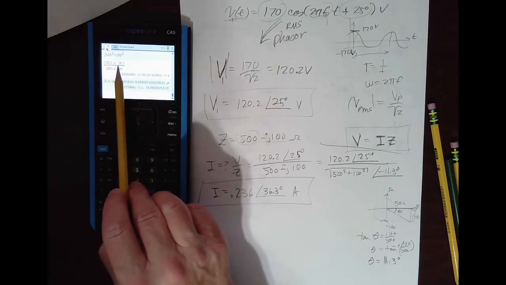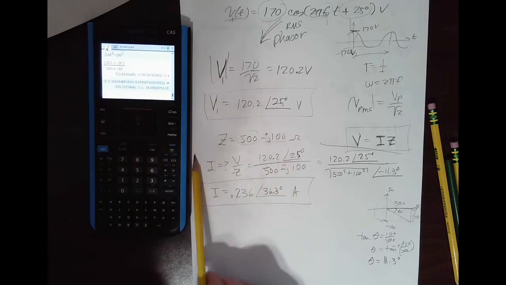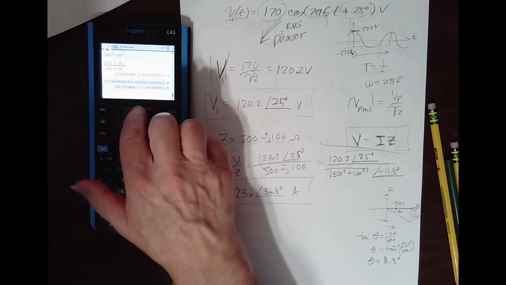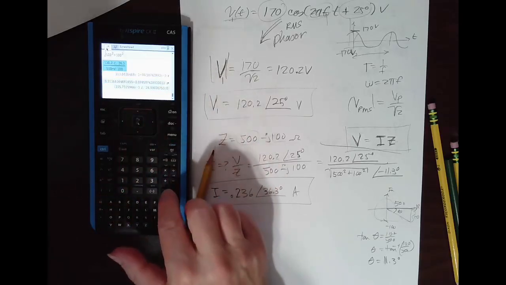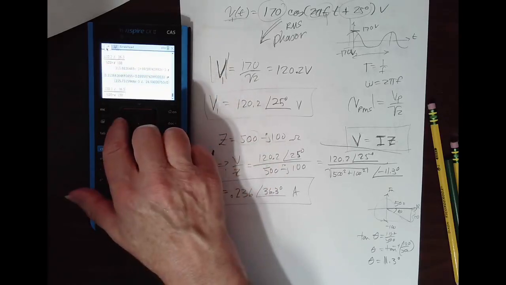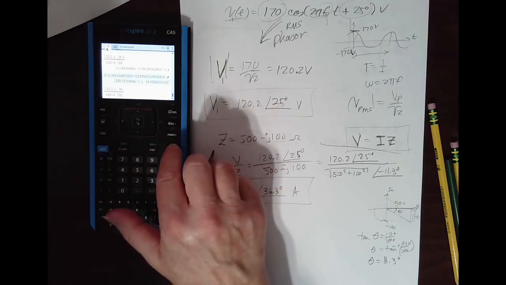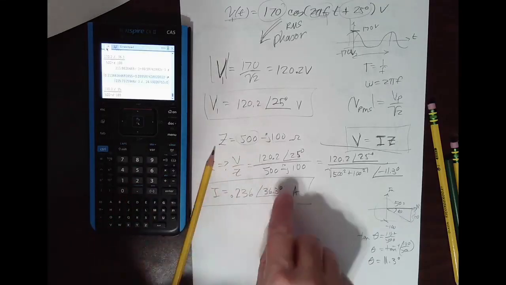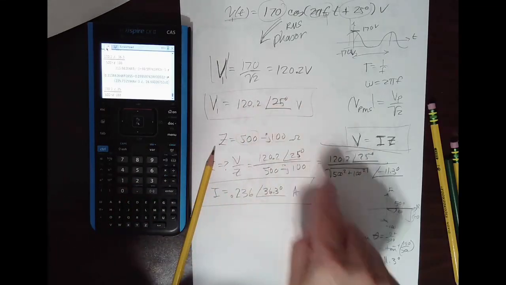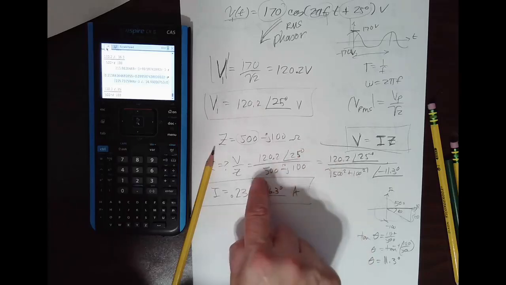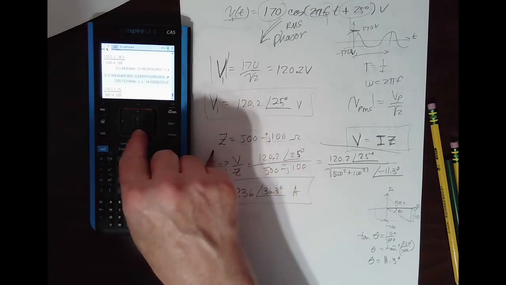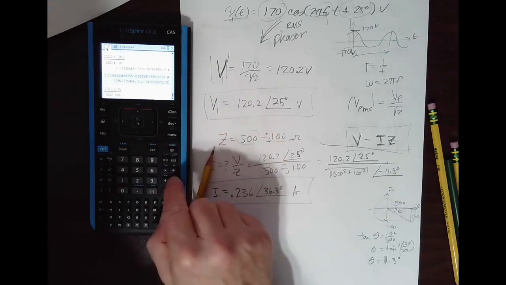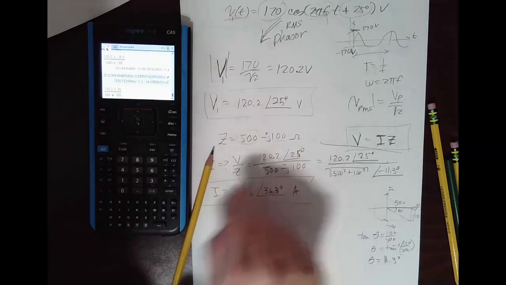Why did I put 36.3 degrees? The angle was 25. That's where I went wrong. Let's fix it. Why didn't you guys tell me I was doing it wrong? Okay. At an angle of 25 degrees. 120.2, angle 25 degrees divided by 500 minus J100.